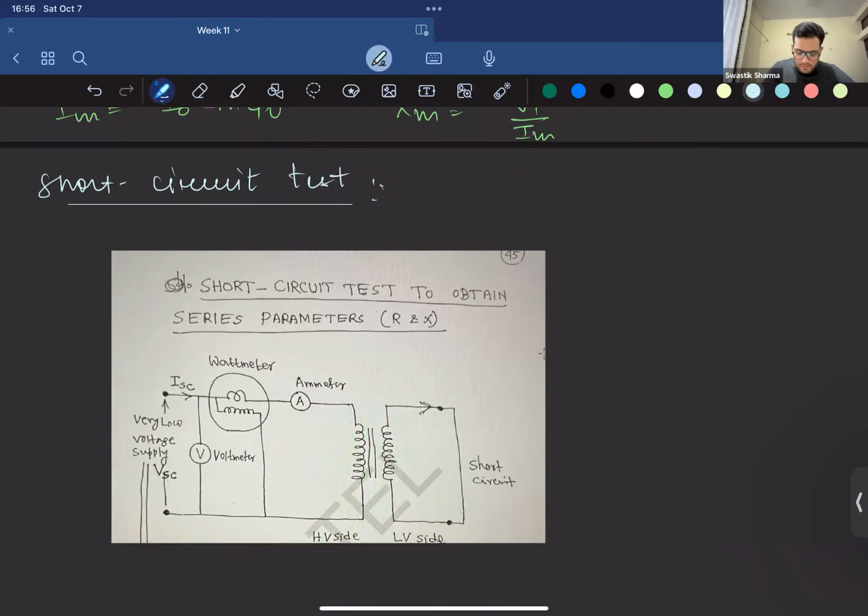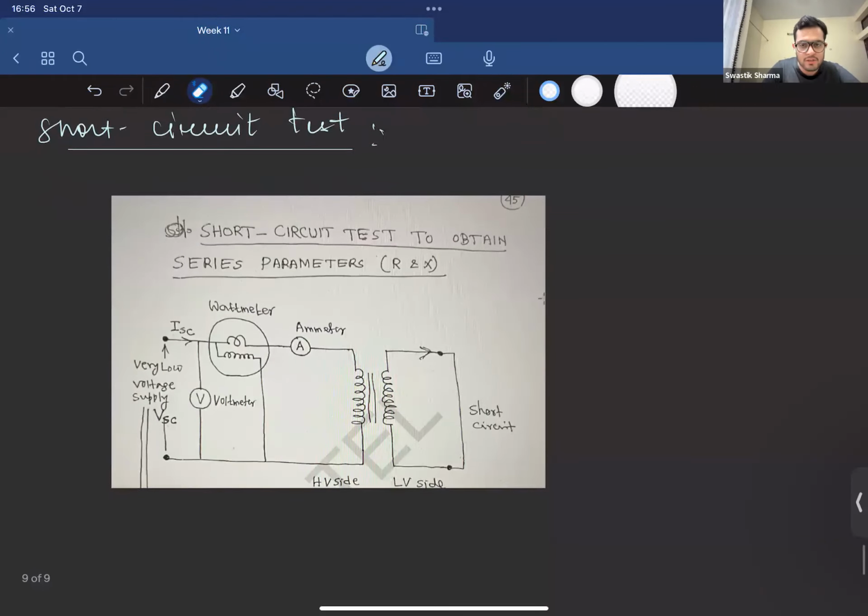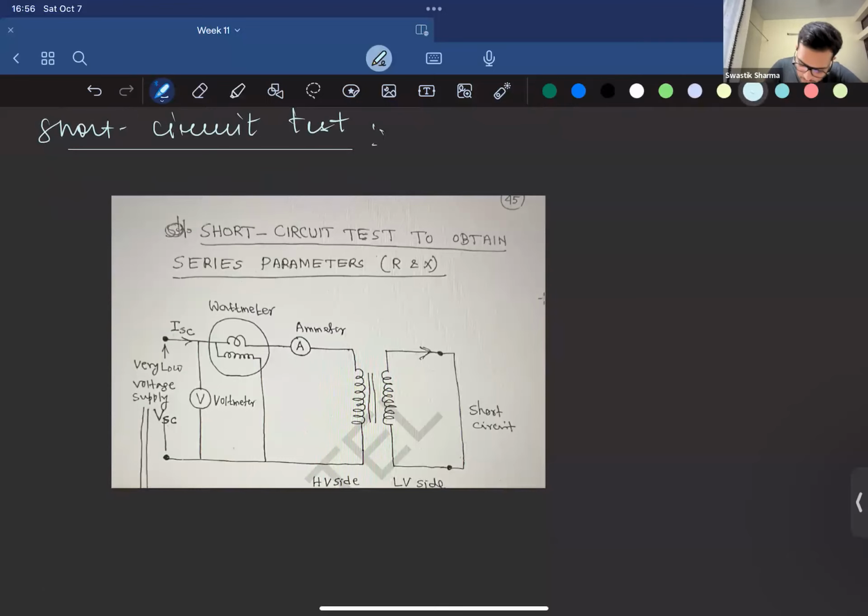Here as well, there is an ammeter, wattmeter, and a voltmeter connected like this. The supply side voltage is very small. The voltmeter will show us the VSC, which is the supply side voltage.